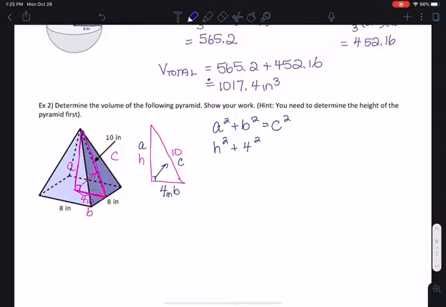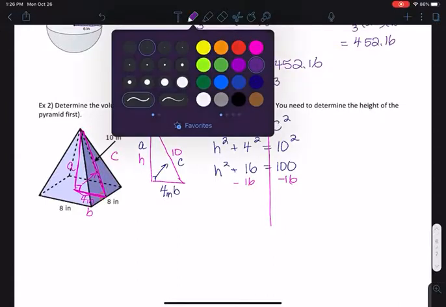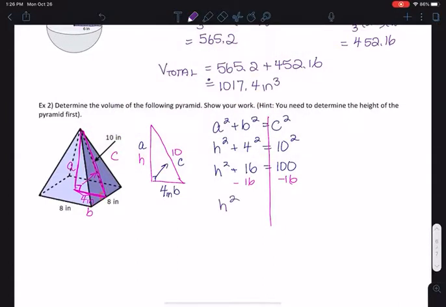4 squared is equal to C, which is 10 squared. So H squared plus 16, that's 4 squared, is equal to 100. This is an equation that we have to solve. The H has a 16 attached by addition, so we subtract 16 from both sides to get the H alone, and we get H squared is equal to 84.